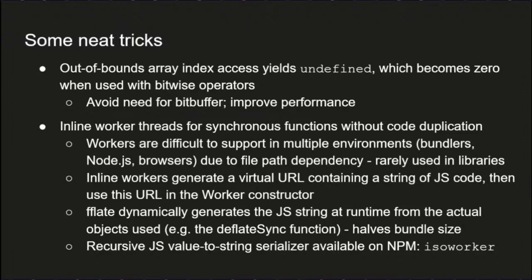And as a result, workers and dynamic imports aren't often used in JavaScript libraries because half the time they won't function. However, the way to avoid this for a worker is to create an inline worker, which effectively just encodes the JavaScript as a string within JavaScript, and then creates a virtual URL using a blob, using URL.createObjectURL.